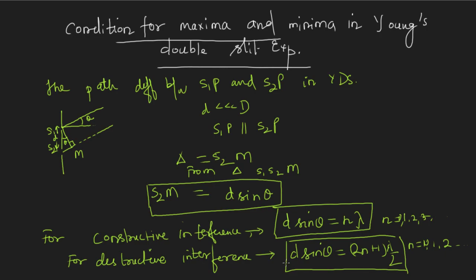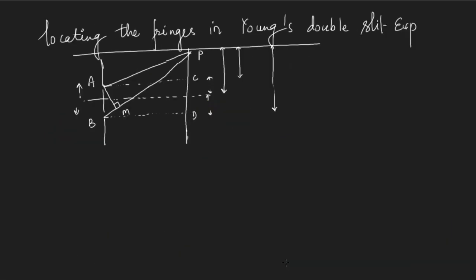Now we will try to locate the fringes in Young's double slit experiment with the help of our conditions of maxima and minima. Again we have two slits, the same diagram.